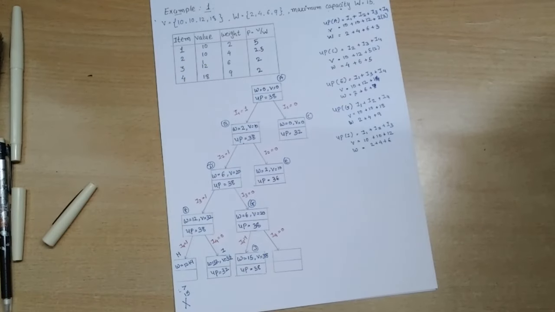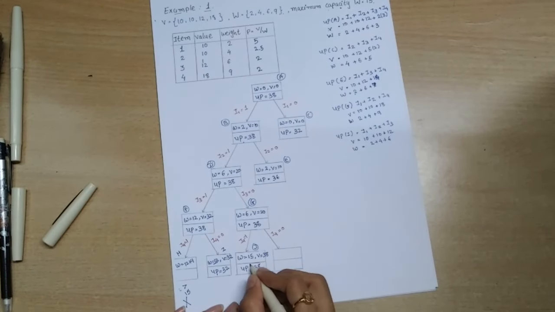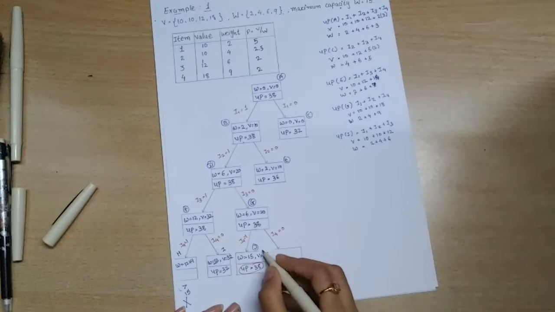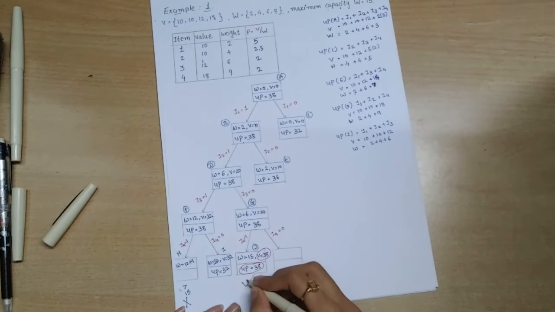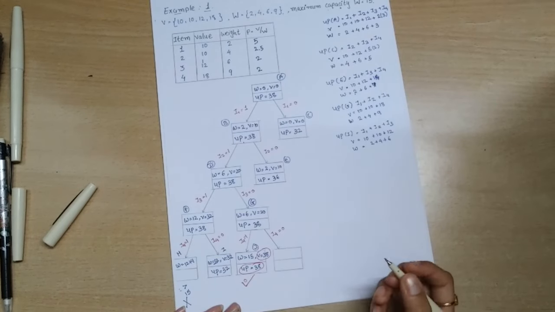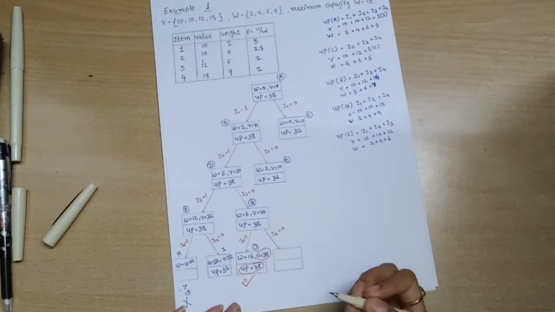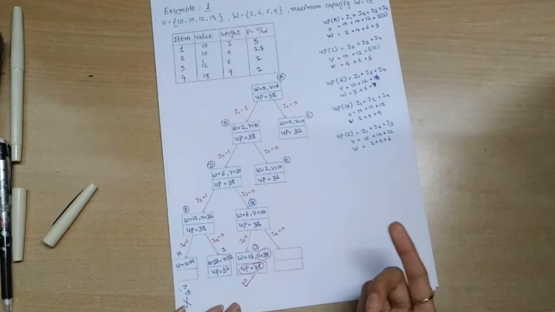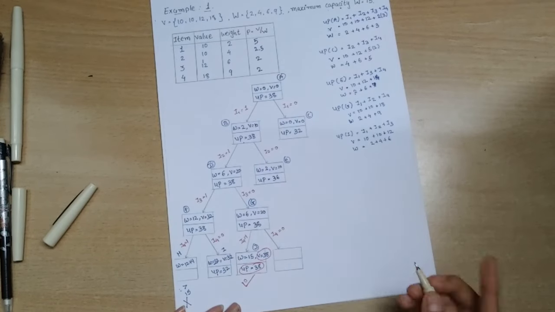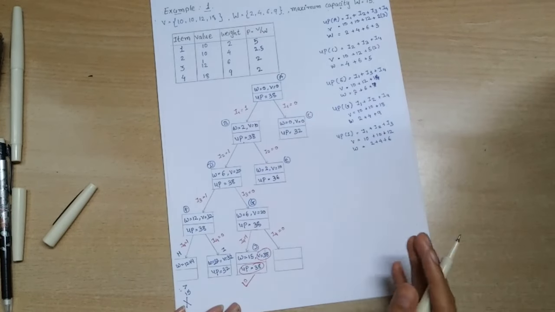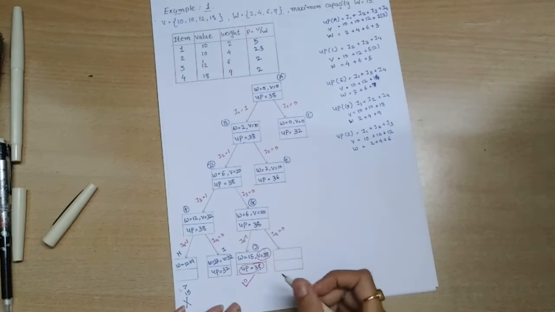Here we are getting the same values of upper bound and value, so this will be our optimal solution. Now let's trace the path to see which items we are considering and which we are discarding for the maximum capacity and maximum profit.